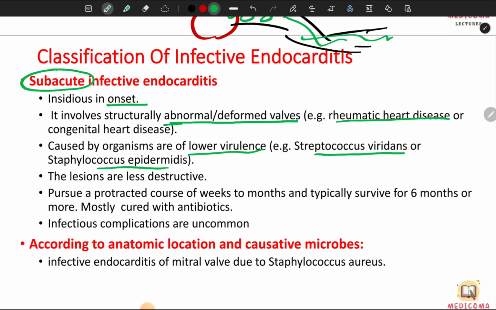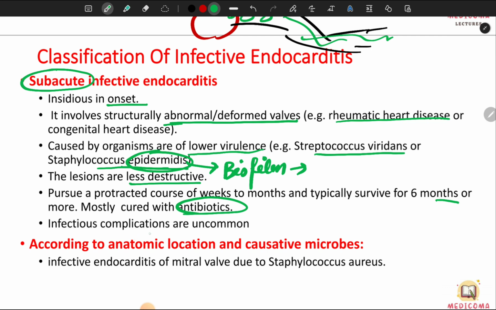An important point about Staphylococcus epidermidis is that it produces a special type of biofilm. Through this biofilm, it can attach to any prosthetic material, causing infection in knee joints when we replace the knee with a prosthesis, and in any stent or cardiac valve replacement. The lesions are less destructive with a protracted course of weeks to months, patients typically survive for 6 months, and it is mostly cured with antibiotics.